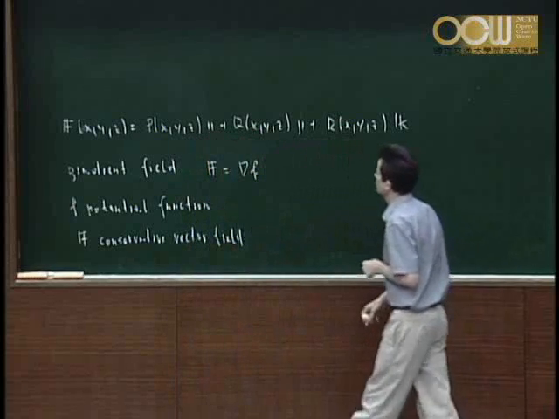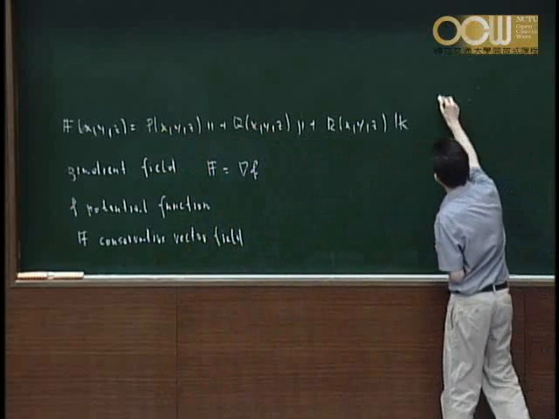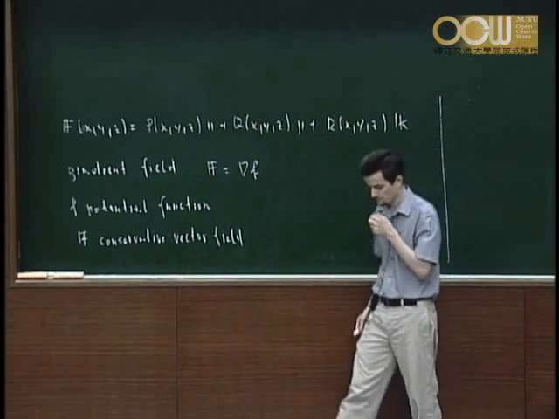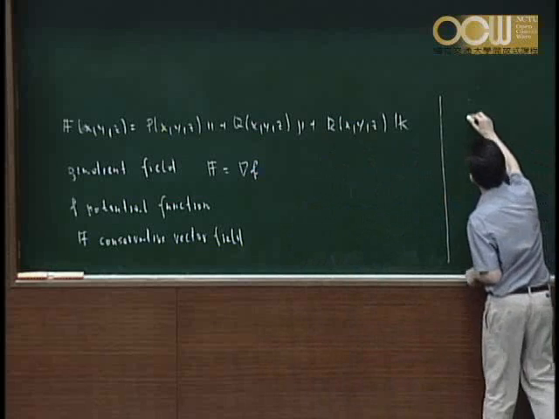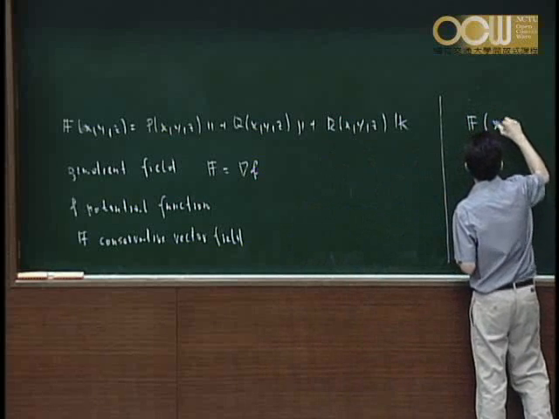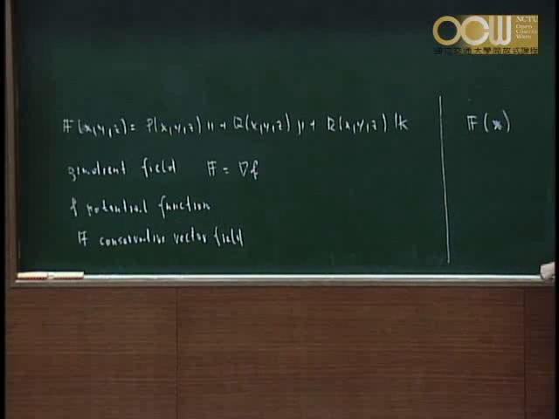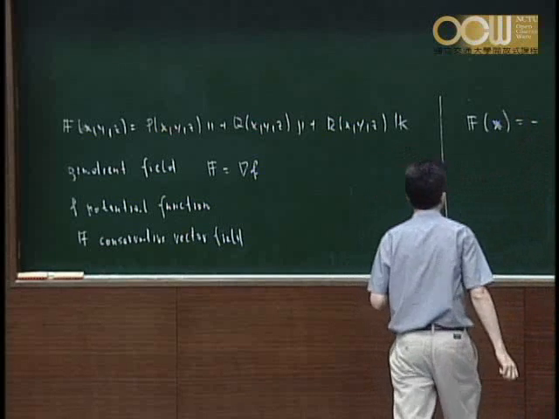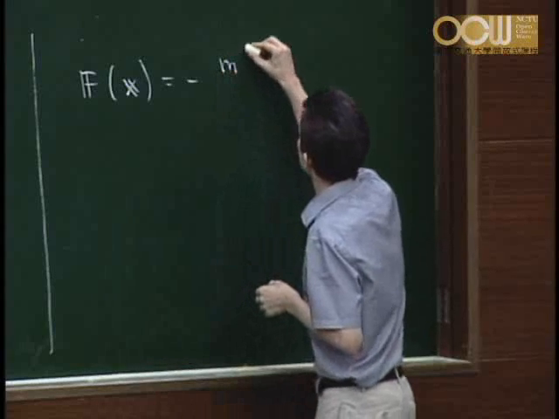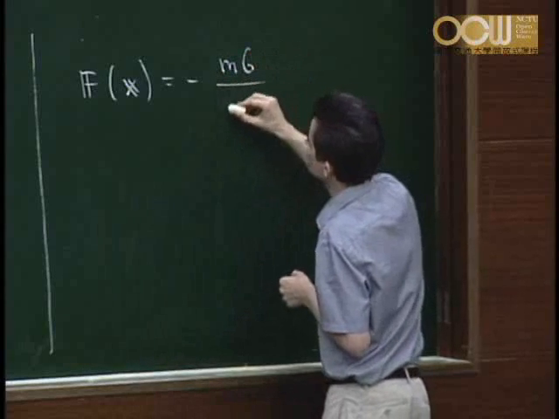Now vector fields are important in physics. They, for instance, appear as force fields. So we saw last time an example, namely the force field generated by gravitation, the so-called gravitational law.